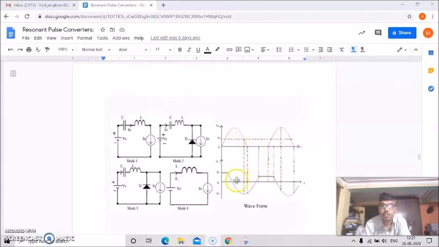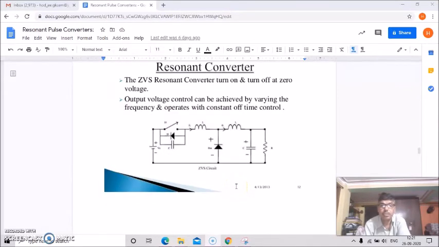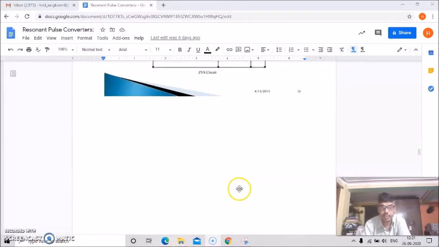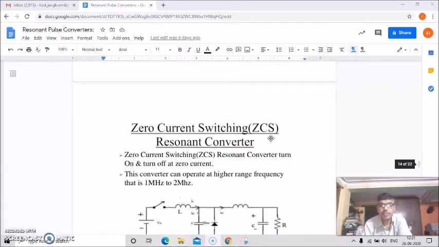So these 4 modes, mode 1, mode 2, mode 3, and mode 4, and the corresponding operational circuits as well as their waveforms are shown. So these are the voltage and current waveforms. So actually this is ZVS.